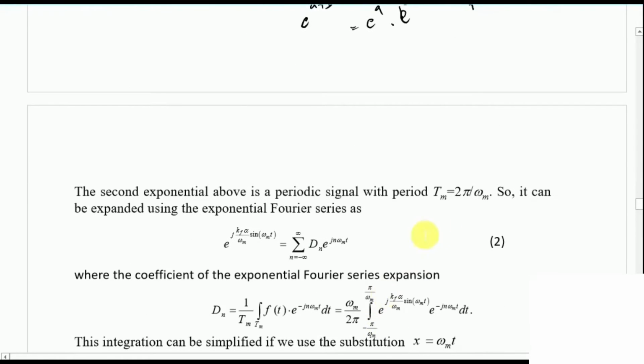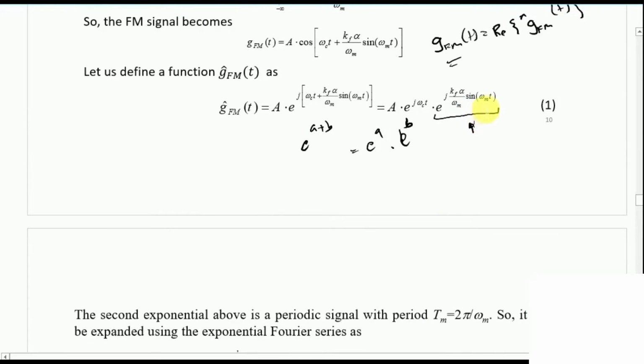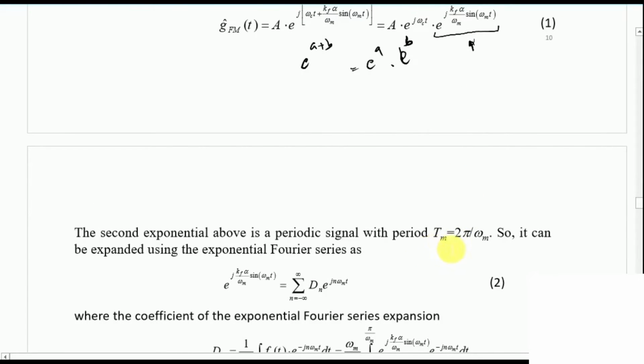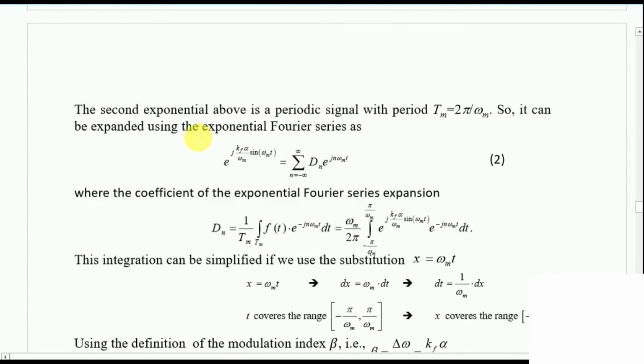Since it is a periodic function, we can find the time period T_m, which is 2 pi by omega_m. We can express it in terms of an exponential Fourier series, which is expressed over here: the summation from n equals minus infinity to infinity of weighted exponentials for a particular harmonic. So omega_m is the fundamental harmonic, and n identifies the nth harmonic, in radians per second.